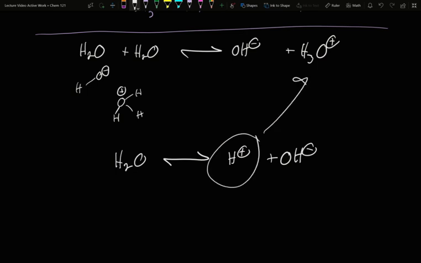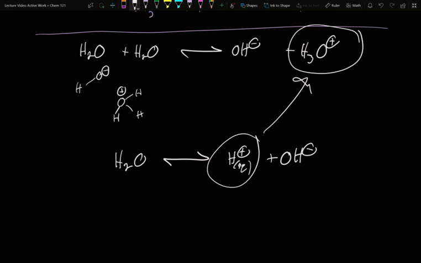H+ and H3O+, if it's aqueous, they're actually the same thing. That proton is surrounded by waters and it actually just sticks to one of them. But it's often more complicated to track that extra water than it is to just talk about the hydrogen plus ion.